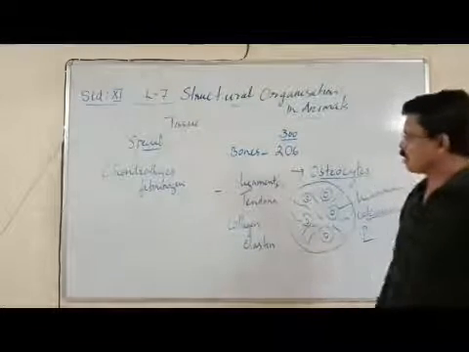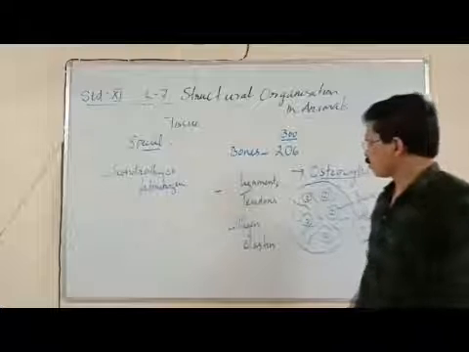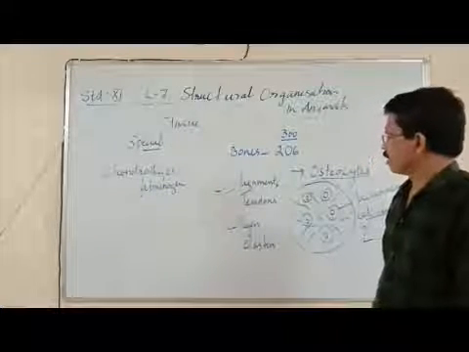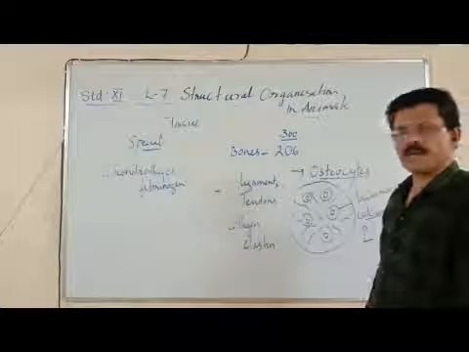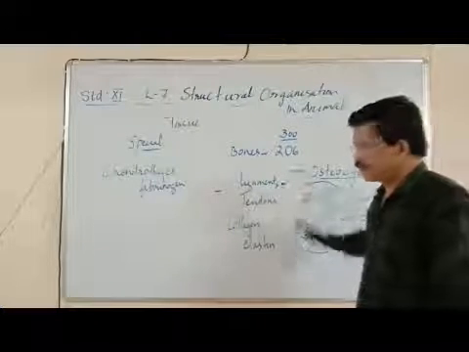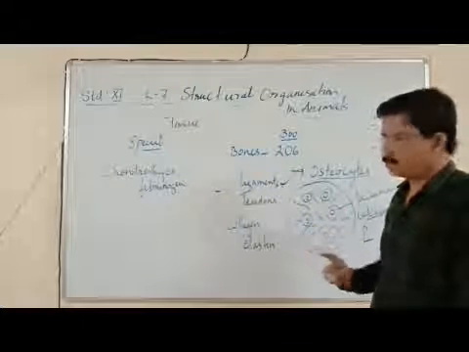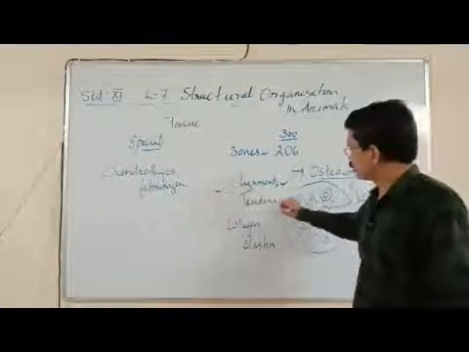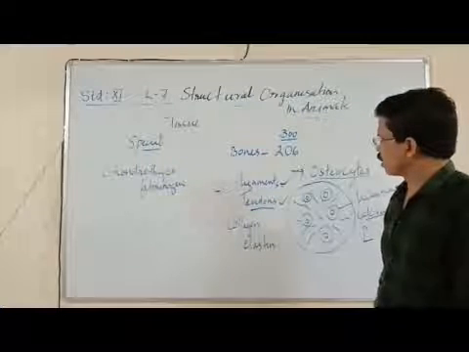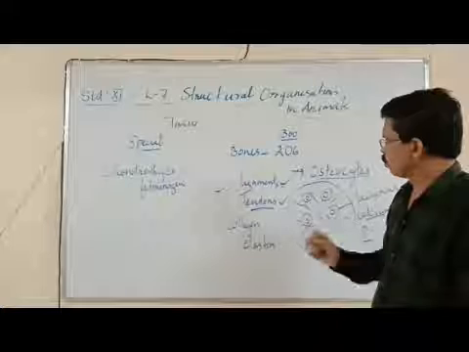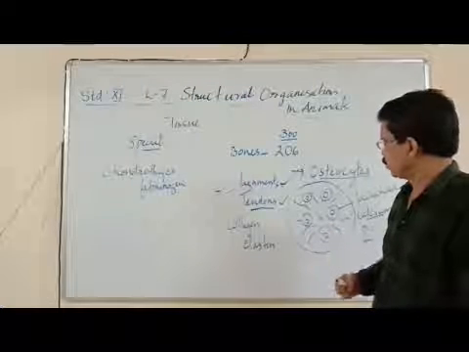Other than fibrinogen, what are the fibers present in the bones and cartilage? Collagen and elastin. Two bones are connected by ligaments in the joints, whereas one bone is connected to the muscle by tendon. So tendons and ligaments are important for the bones to move in the joints.